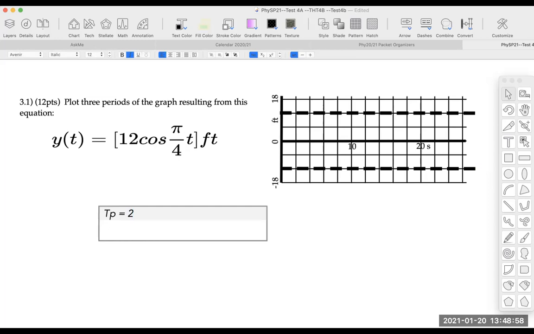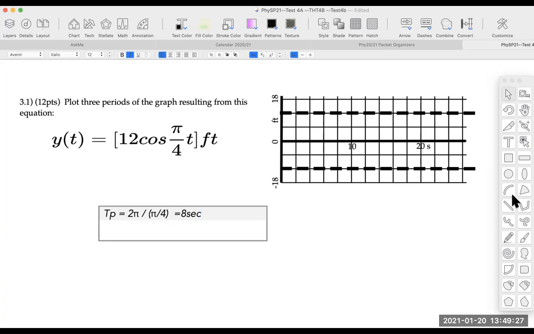So in this case, it would be 2 pi divided by pi over 4. Notice the pi's will cancel. Pi over pi cancels. And then it's 2 divided by 1/4. Well, 1/4 goes into 2 8 times. So this is 8 seconds.